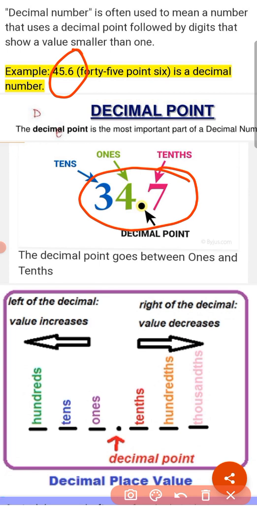The decimal point goes between the ones and tenths. The decimal point is the most important part of a decimal number. On the left side, the places are ones, tens, hundreds, thousands, ten thousands, and so on. And on the right side, the places are tenths, hundredths, thousandths, ten thousandths, and so on.